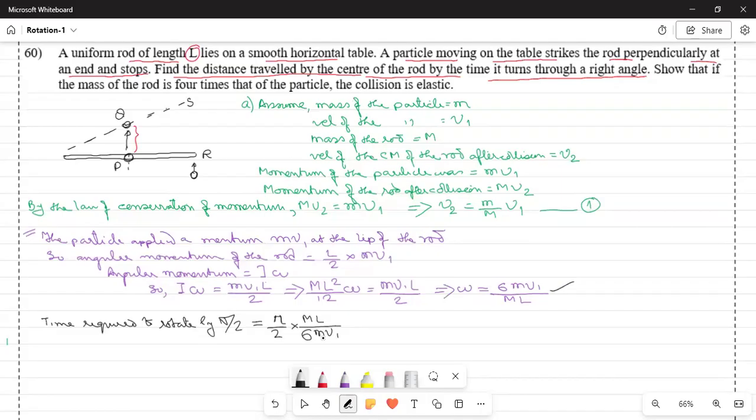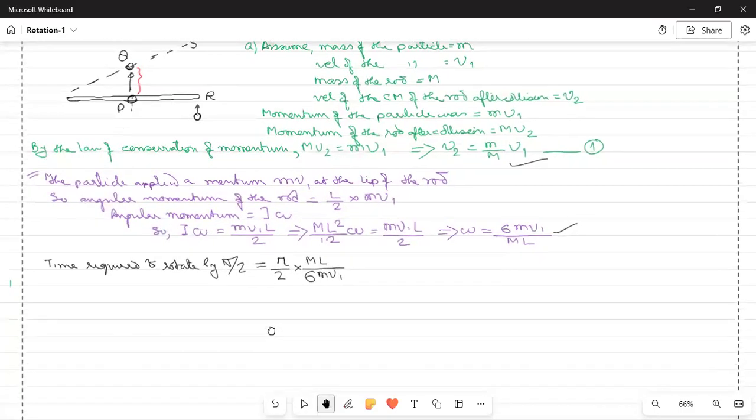Now, this is the time required. The velocity of the center of mass, we have already found, v2 is equal to small m v1 by capital M. So we have to find out simply how much the center of mass moved within this time. That's not difficult at all.